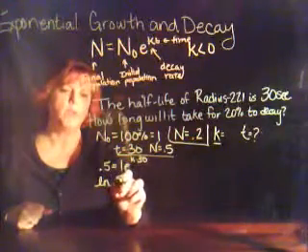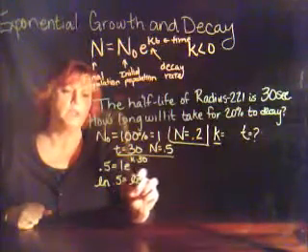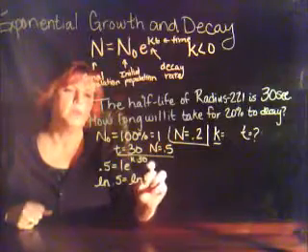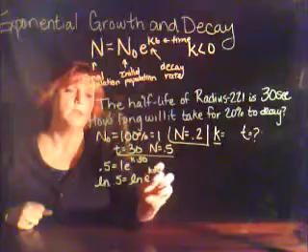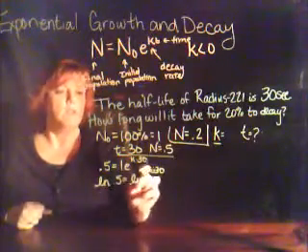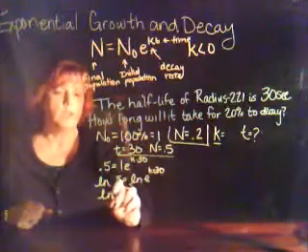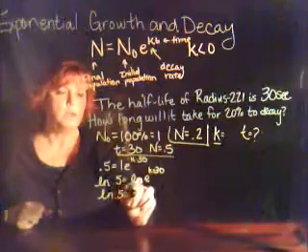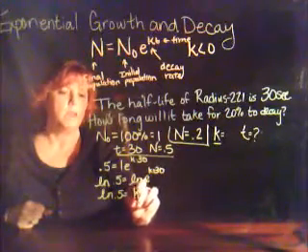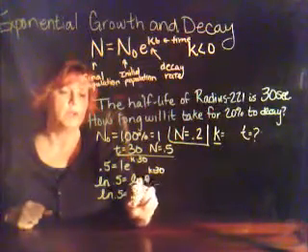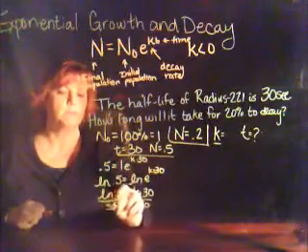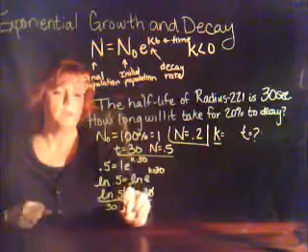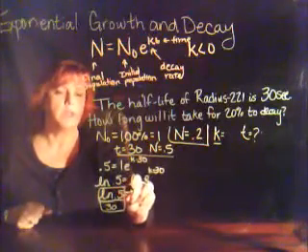The natural log of 0.5 is equal to the natural log of e raised to the k times 30. And so then I'll have the natural log of 0.5 is equal to k times 30. Let's divide by 30. And this is what k equals.